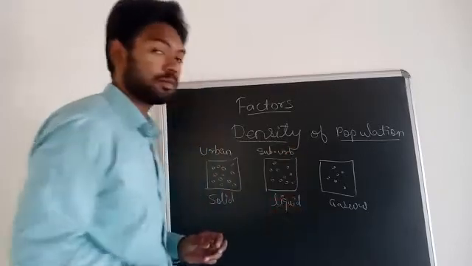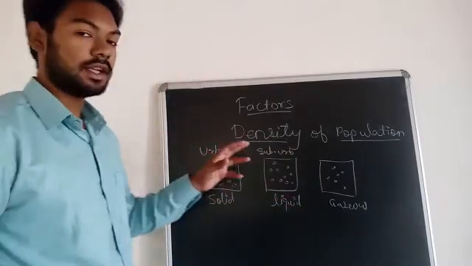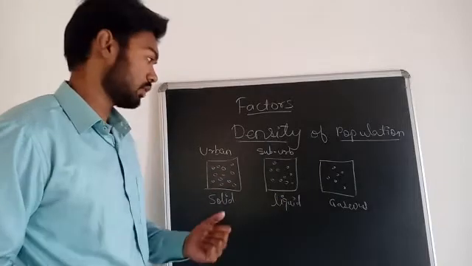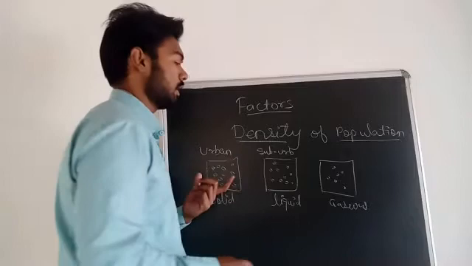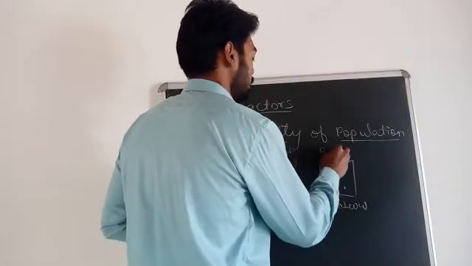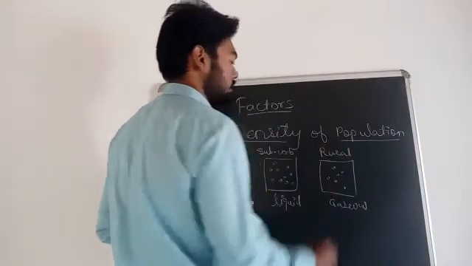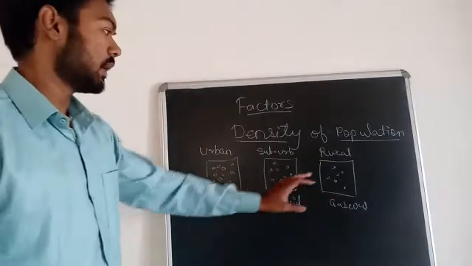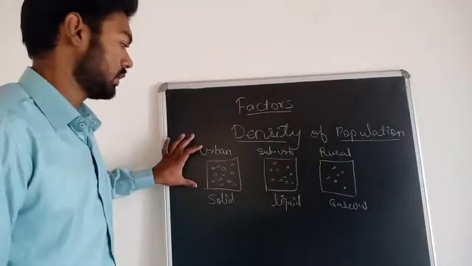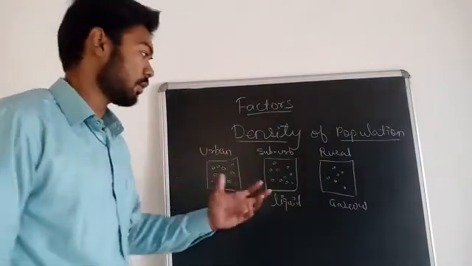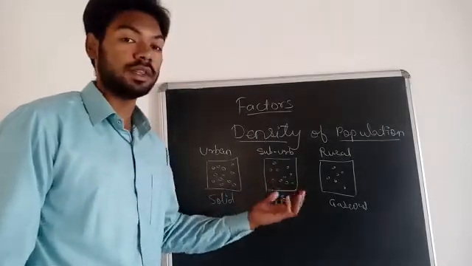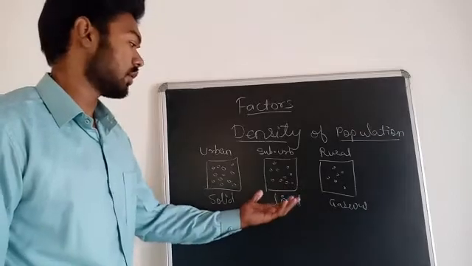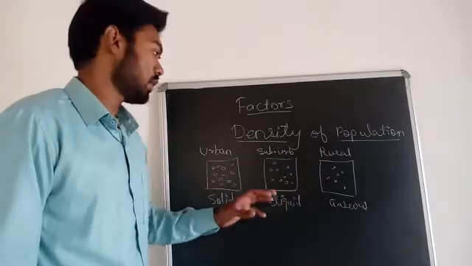I hope you remember whatever we studied in the land use chapter, where I told you about suburbs, urban areas and rural areas. So you can see how the population is divided or distributed between the different regions of a country.